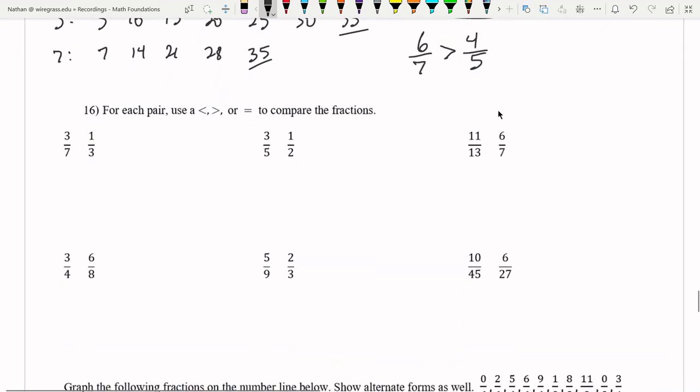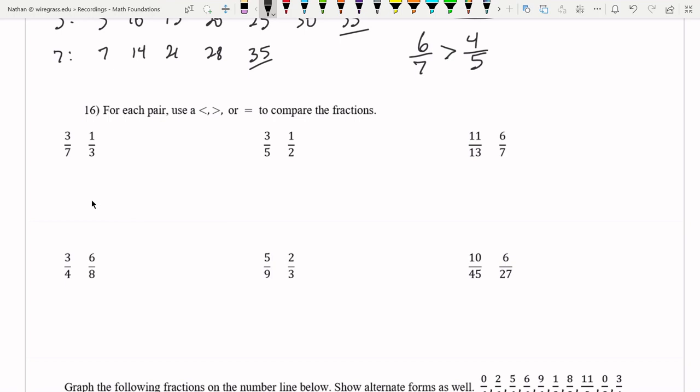Okay, so for each pair, we're going to use less than, greater than, or equal to compare the two fractions. And to do this, let's just use a common denominator, which is going to be the least common multiple. 7 and 3, these are both prime numbers. The only way they can have a common multiple is just taking 7 times 3. That's going to be the least common multiple in this case.